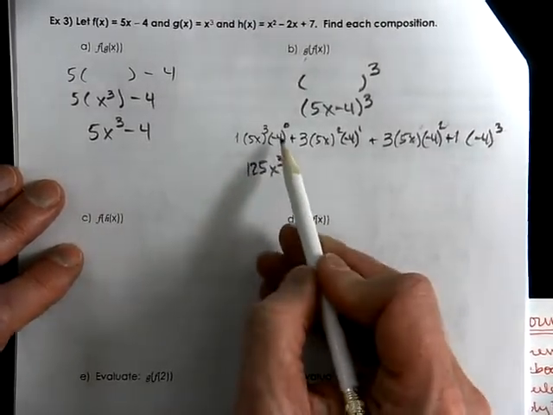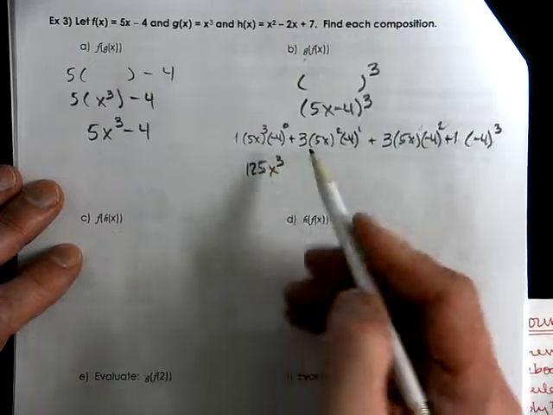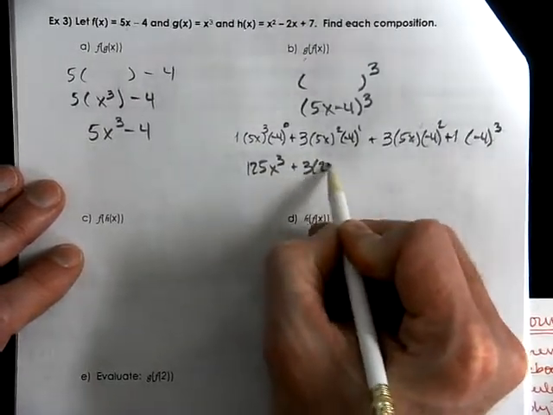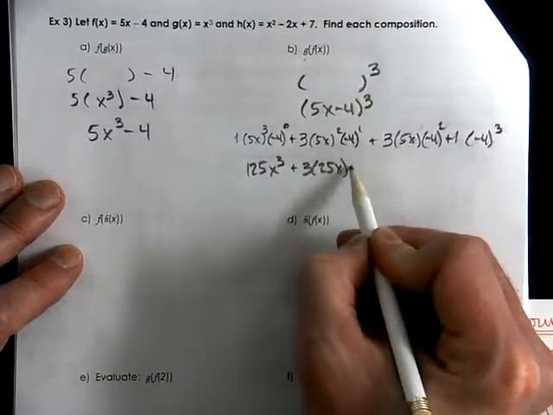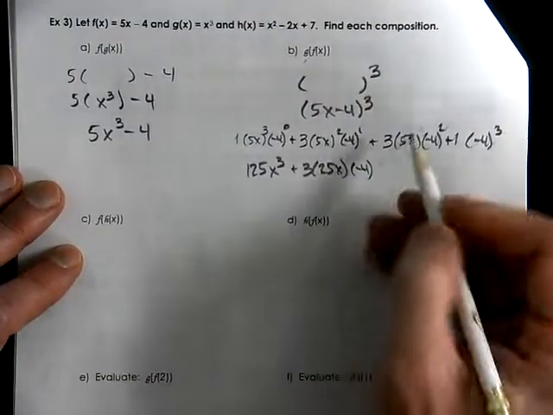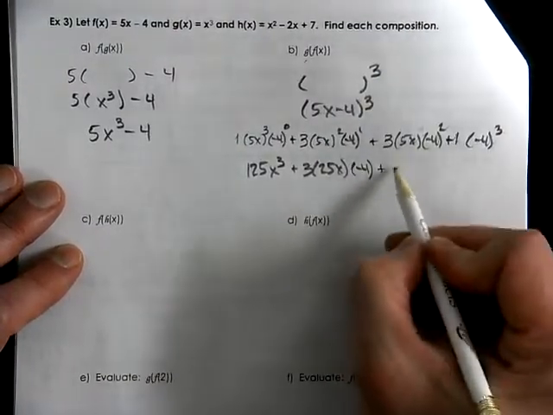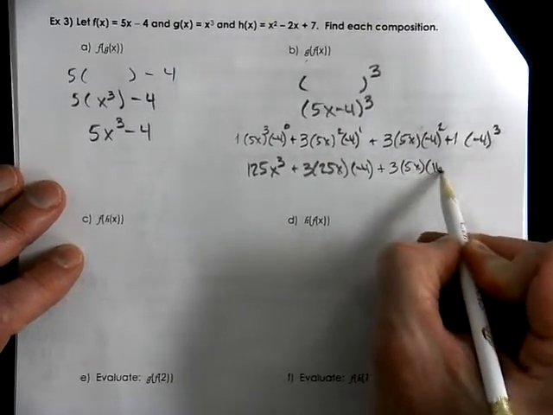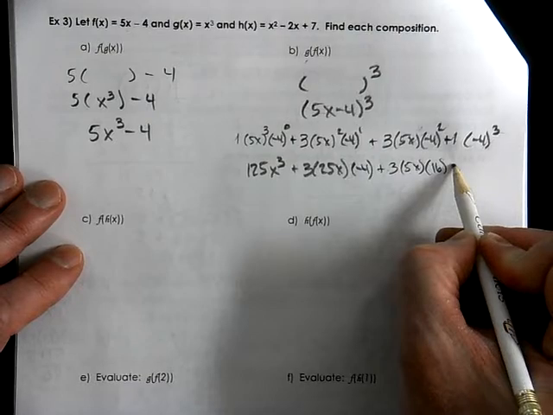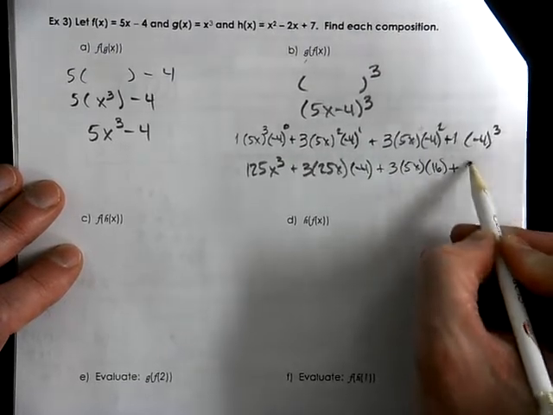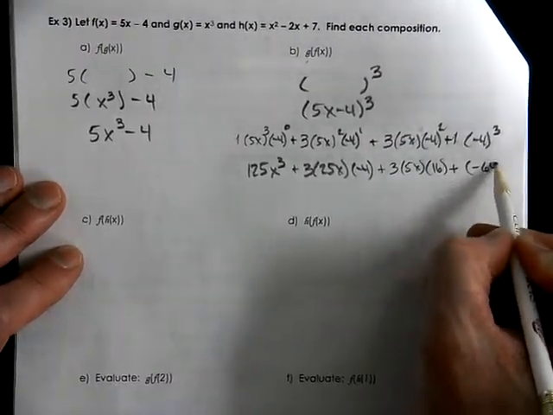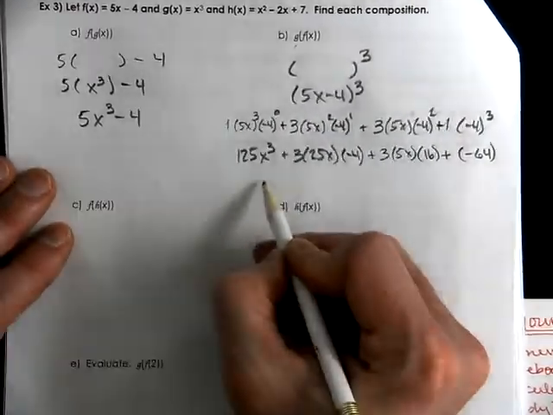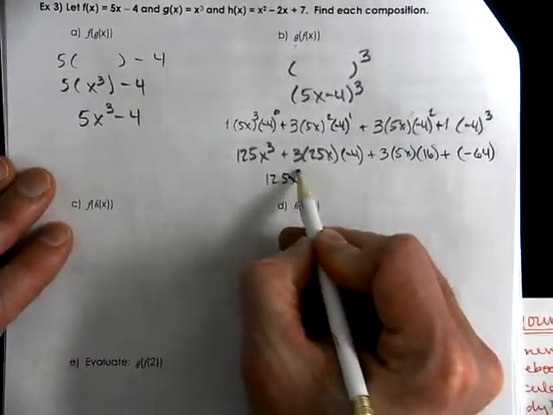125x cubed. This is just 1 times 1. Plus 3 times 25x times negative 4. Plus 3 times 5x times 16. Plus a negative 64. Well, nothing can be done with the 125.